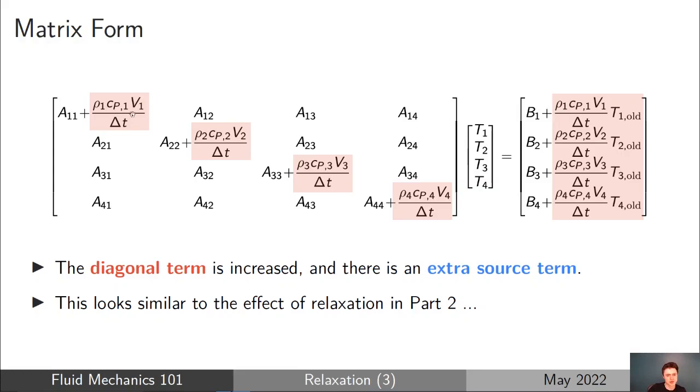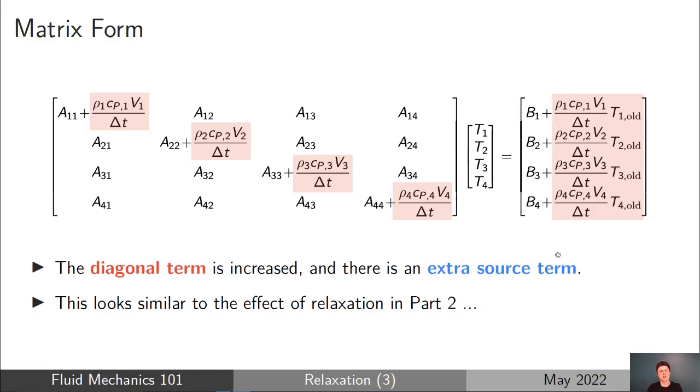You can see that the diagonal coefficient on the matrix was originally A11, but we've now added this extra term which depends on the cell density, its specific heat capacity, its volume, and also the time step. And we're going to be coming back to look at the time step later on in this talk. And we've also got an additional contribution to the source term.